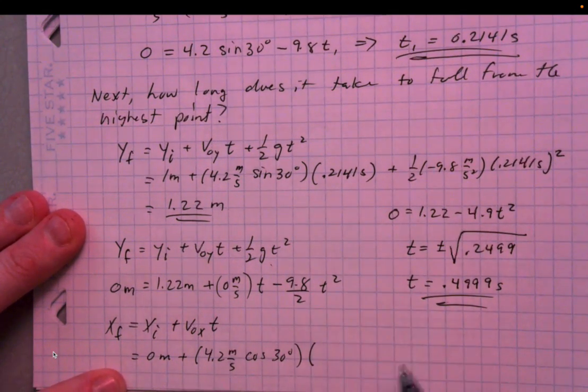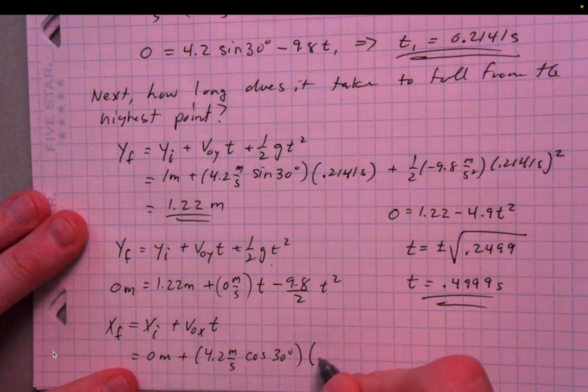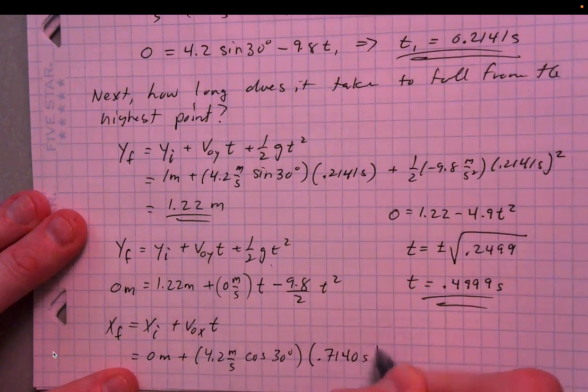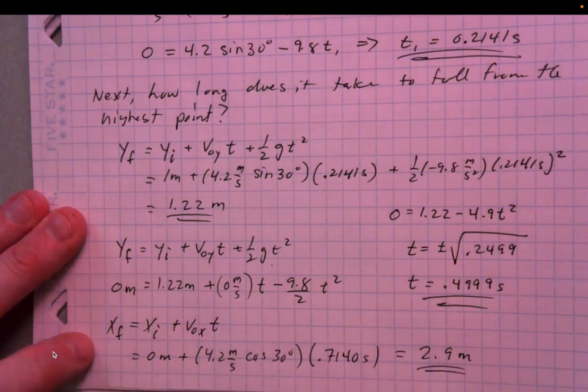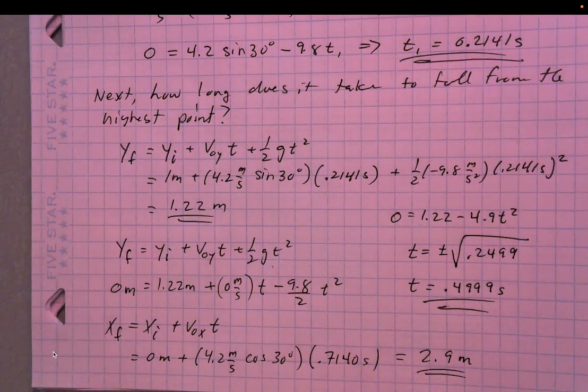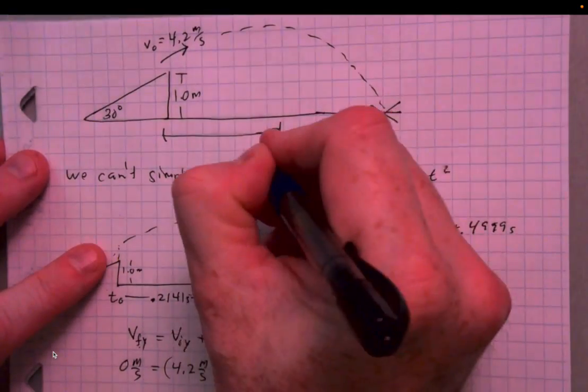And now I know the time, 0.714 seconds. And I can plug all that in, and I see that I get 2.9 meters. All right, so the skateboarder is going to land approximately 2.9 meters from the base of the ramp.